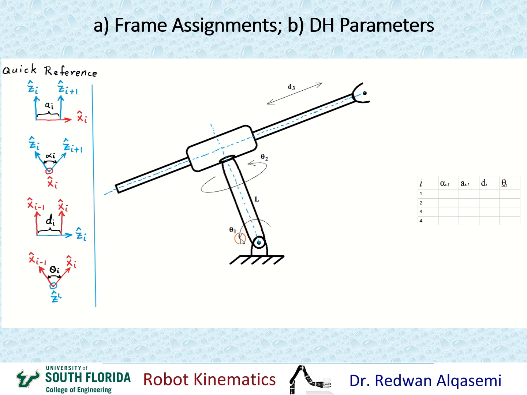It rotates this way. So my axis of rotation would be the z-axis, which will be right here. We can choose either coming into the board or coming out of the board. I'm going to choose it to be coming out of the board, so I'll put here a little circle. I'm going to call this Z1.